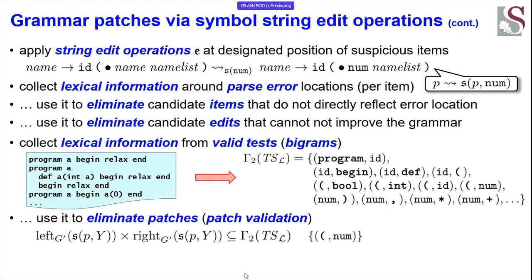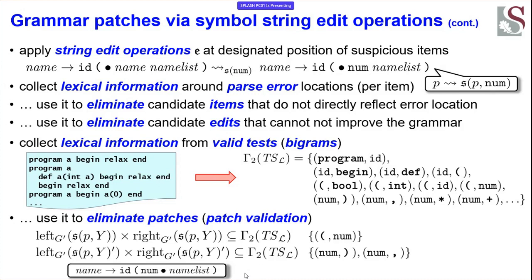So we check for a substitution, for instance, that anything that can occur on the left-hand side of the designated position after we've patched the rule, and anything that can occur on the right-hand side of that patched symbol, that these pairs of tokens have actually occurred in one of the examples, so that they're one viable bigram.